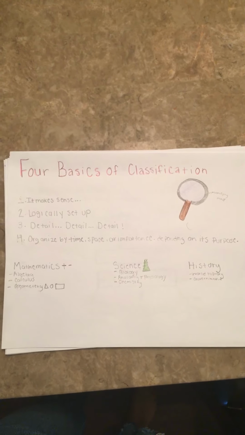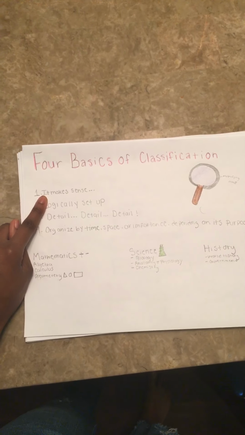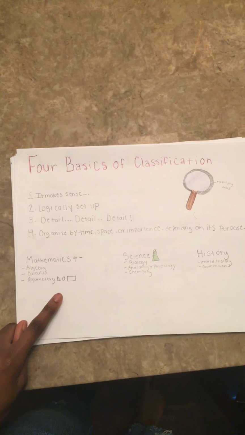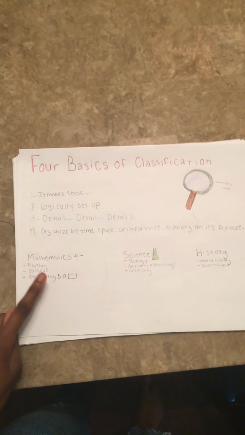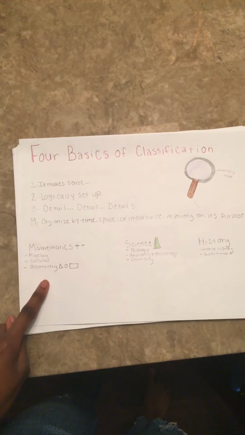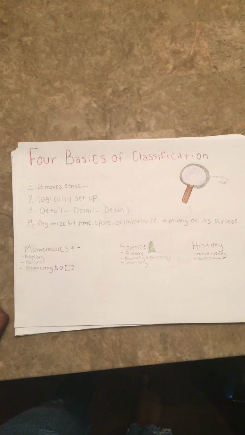The basics of classification. One good basic is that it makes sense. So if, say, you're separating into school subjects, the category is mathematics, but the subjects in mathematics are algebra, calculus, and geometry, and so on. Two, it is logically set up.